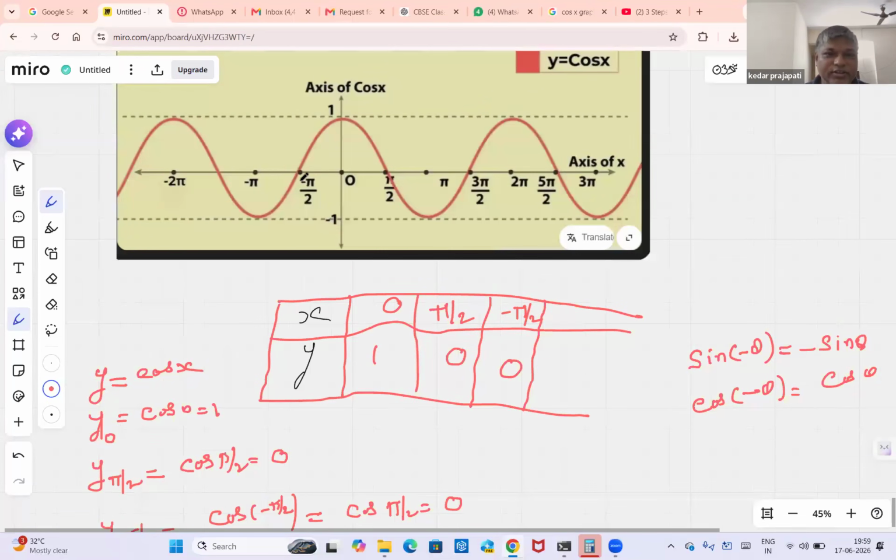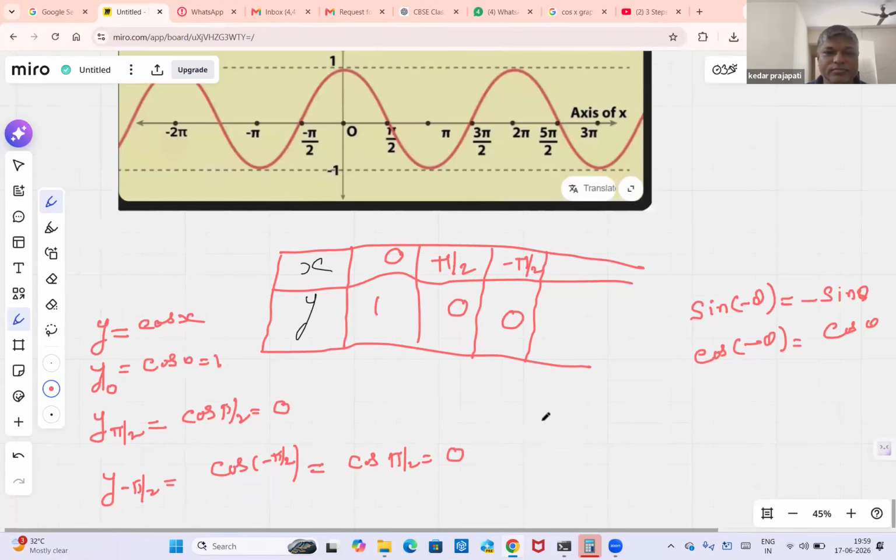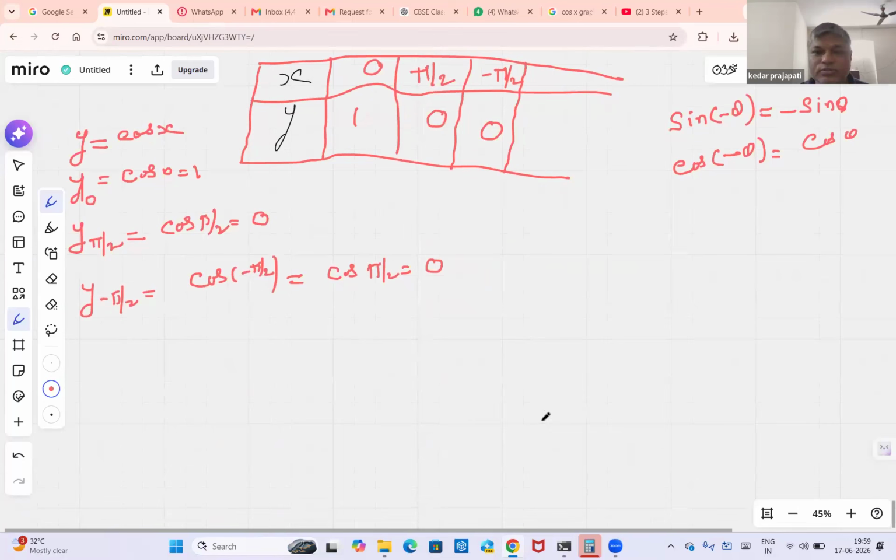I'm writing the x coordinate and y coordinate. When x is 0, y is 1.